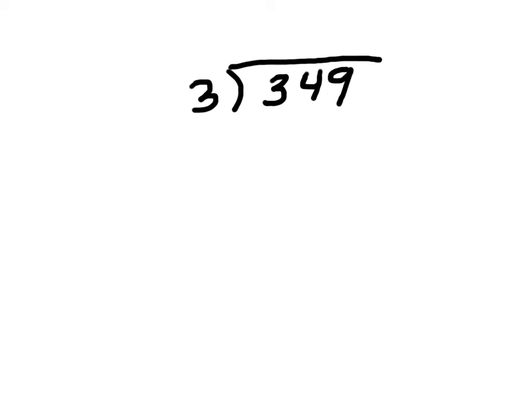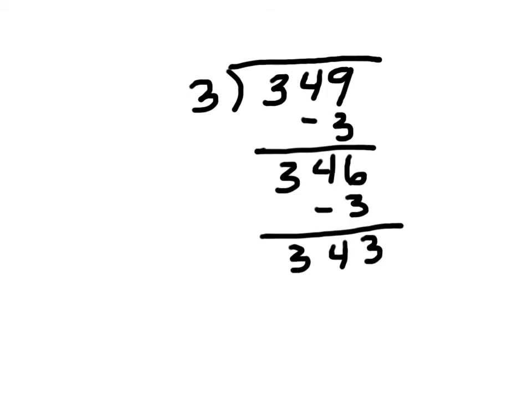I start by asking the question, how many times can I subtract 3 away from 349? Well, I could keep subtracting 3's and just count the 3's that I subtracted until I was all the way down to nothing, or to 1 in this case. But that, just like putting individual stars into piles, takes a long time.